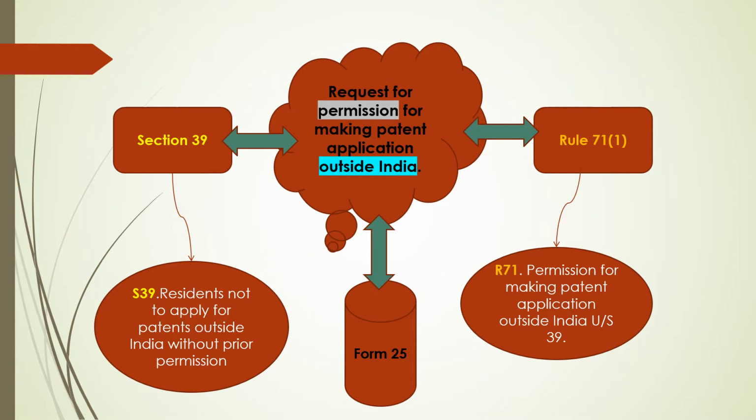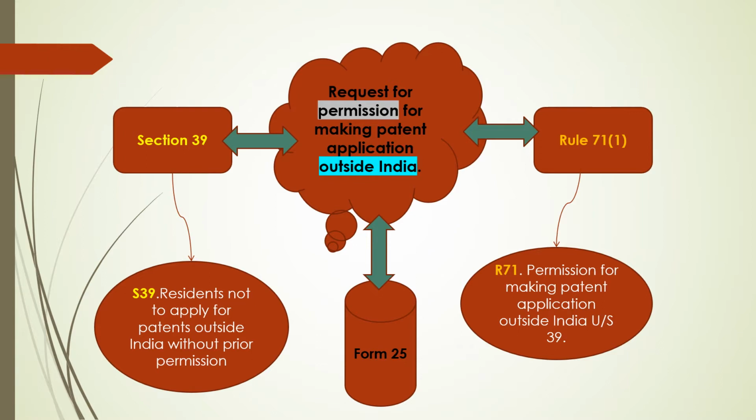The title for form number 25 is Request for Permission for Making Patent Application Outside India. Section 39 is residents not to apply for patents outside India without prior permission. Rule 71 is permission for making patent application outside India under section 39.